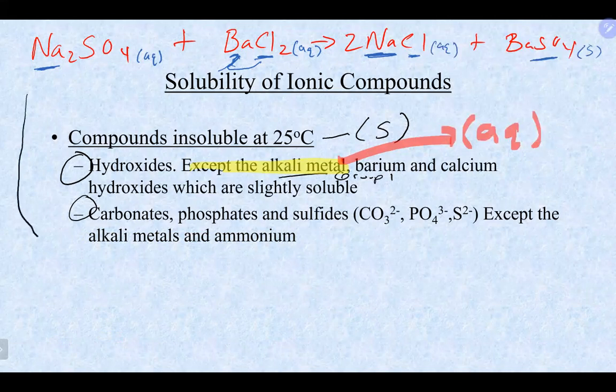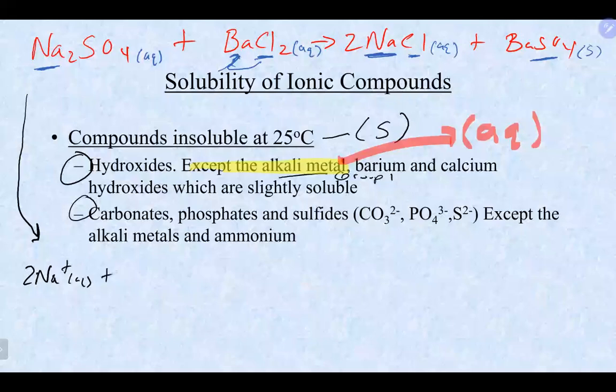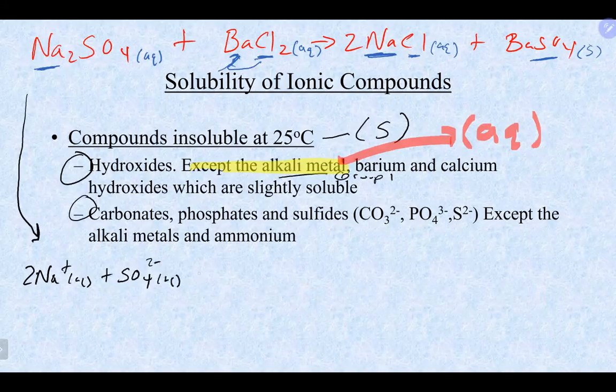If we took this to our total ionic equation, this will now break apart into 2 sodium ions and a sulfate ion. The barium chloride would also break apart into a barium that has a +2 charge and 2 chloride ions. So when you're doing this total ionic equation, this 2 comes to the front of the chloride.